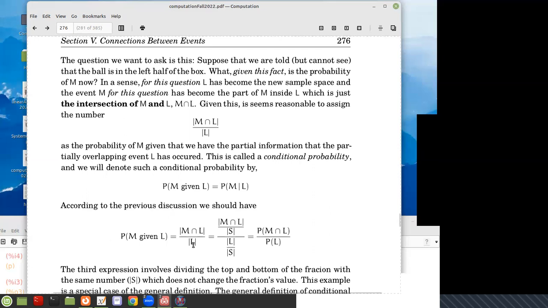This is a motivation; in the end, this is how it's defined.